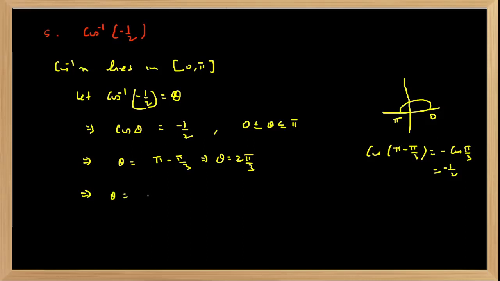So theta is 2 pi by 3, and what was theta? Cos inverse minus half. So cos inverse of minus half is 2 pi by 3. Question number 6. Tan inverse minus 1.